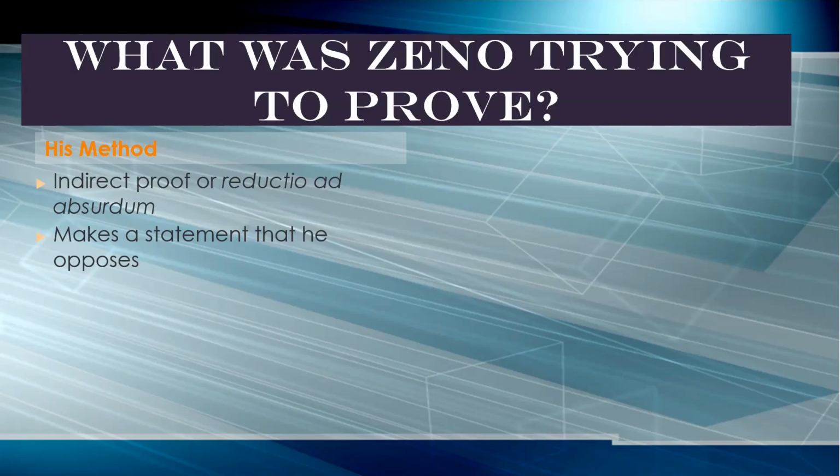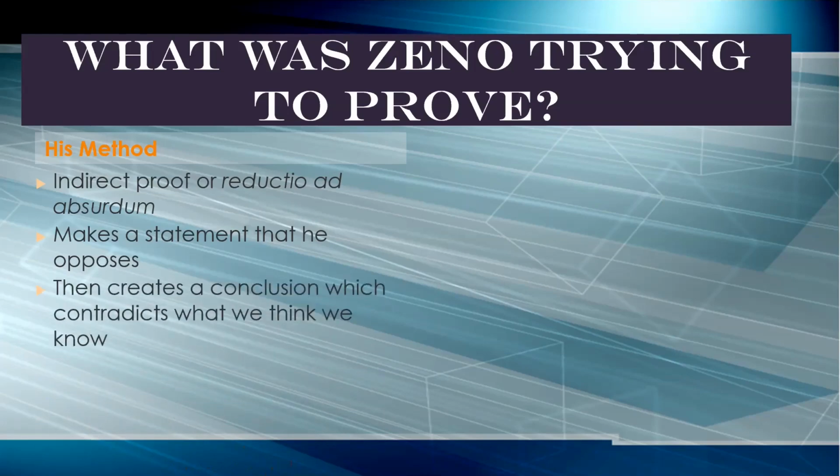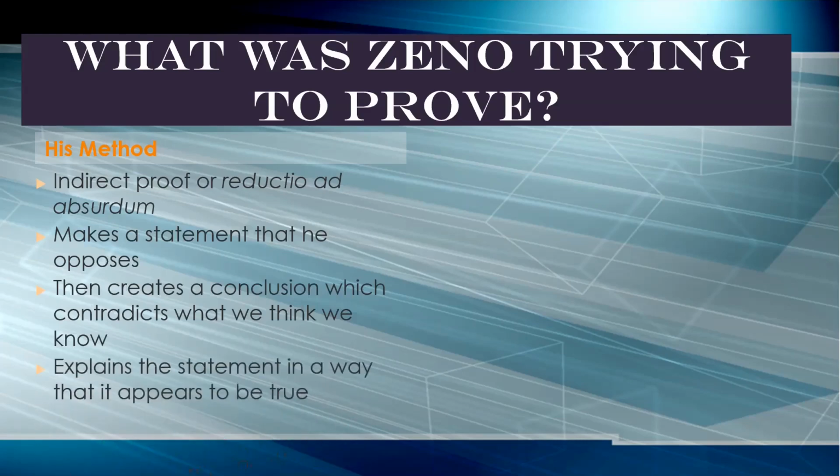And that's because, in actuality, this first statement is not true. But the point of the paradox is to make us believe that this false statement is actually true. So then he creates a conclusion following this statement that contradicts what we think we know. It makes us question if we really understand the way our world works.